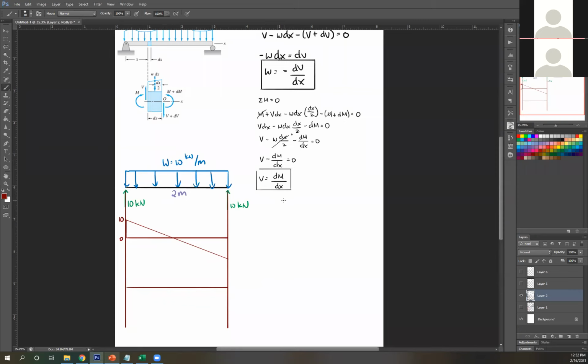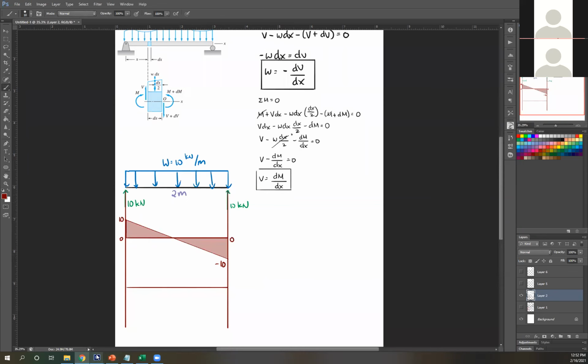So that's negative 10. Okay? So you're gonna go downward until you reach negative 10. At the end of the distributed load, you get negative 10. And then go upwards since you have an upward reaction here. Upwards plus 10, so you end at 0. So I have a correct shear force diagram.